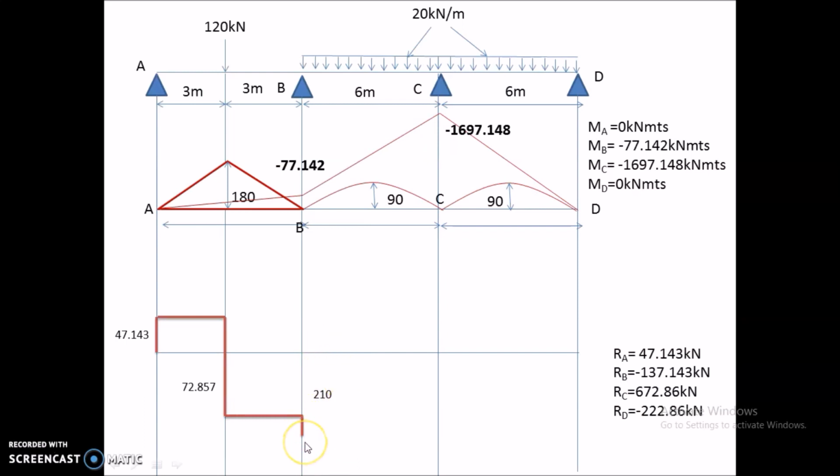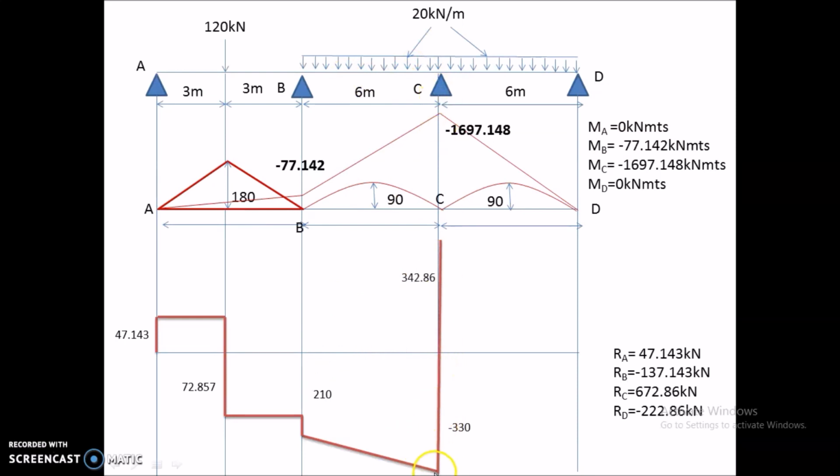So the shear force at the point B is minus 210. And coming to point C, from point B to point C, it will be minus 210 minus 20 into 6, that is this load. So it will be minus 330.